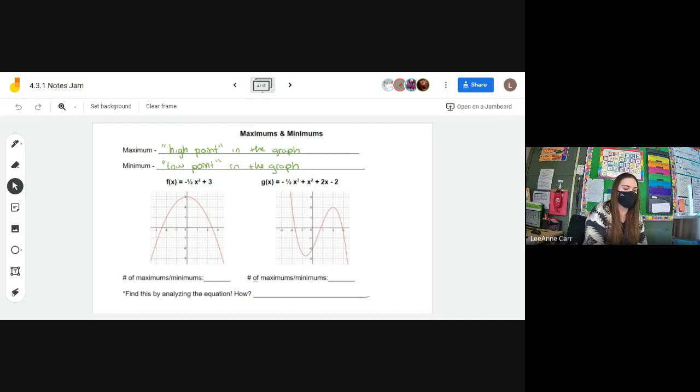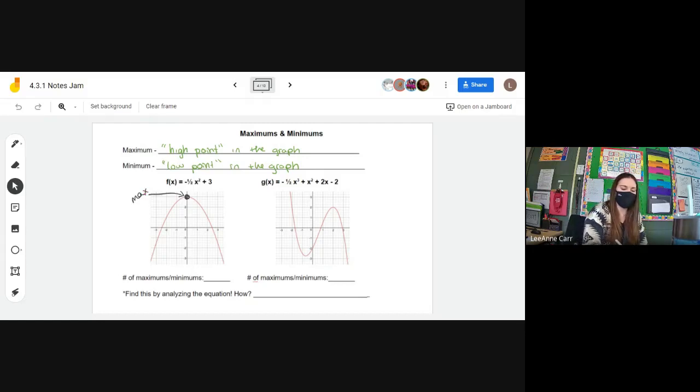So I have two pictures here, and these both have some maximums and minimums. In this first picture, we have a maximum at that middle point. That is a high point for us. So we could label that one a maximum.